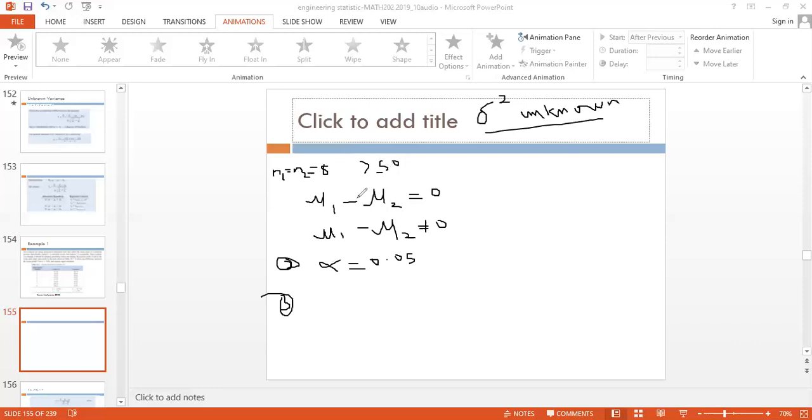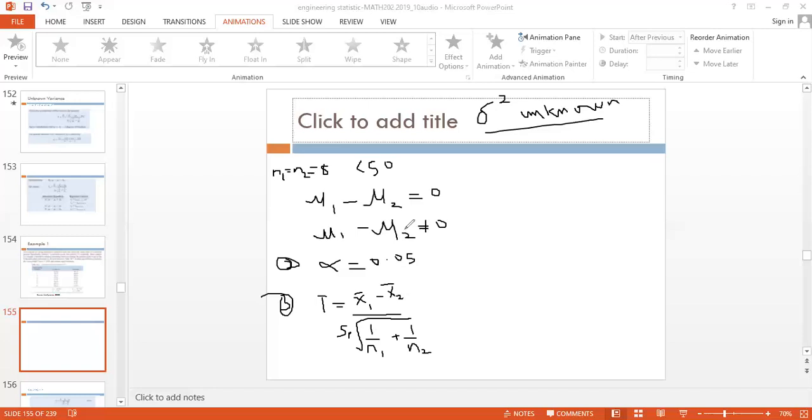So we fall on the student t distribution, which is x1 bar minus x2 bar, over s pooled, times the square root of 1 over n1 plus 1 over n2.